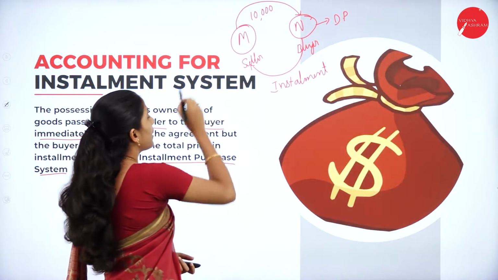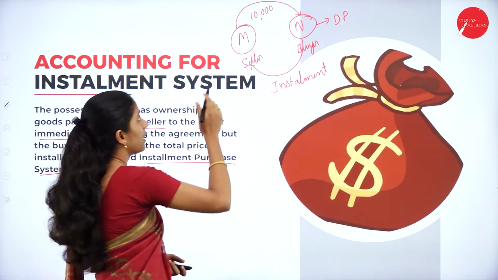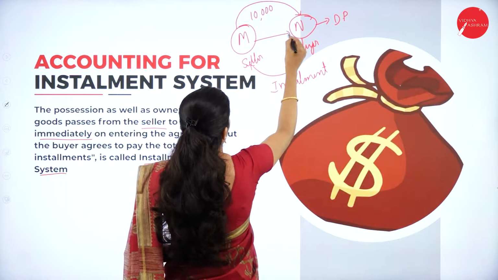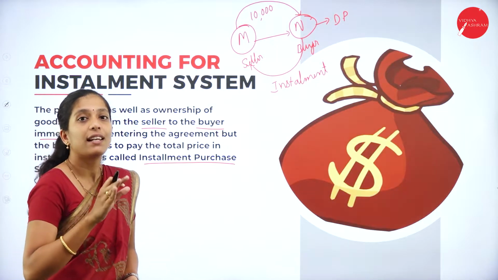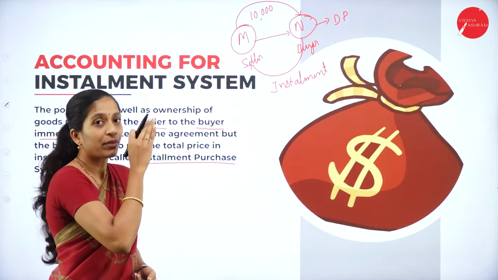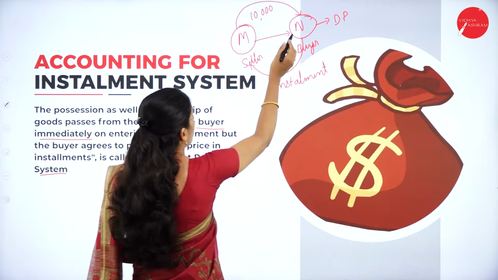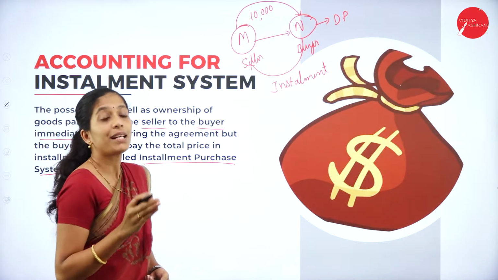Here in hire purchase system, the ownership of the asset will be transferred to the buyer only after the payment of last installment, right? Whereas in installment system, what happens? The ownership of the asset will be transferred from seller to buyer immediately.